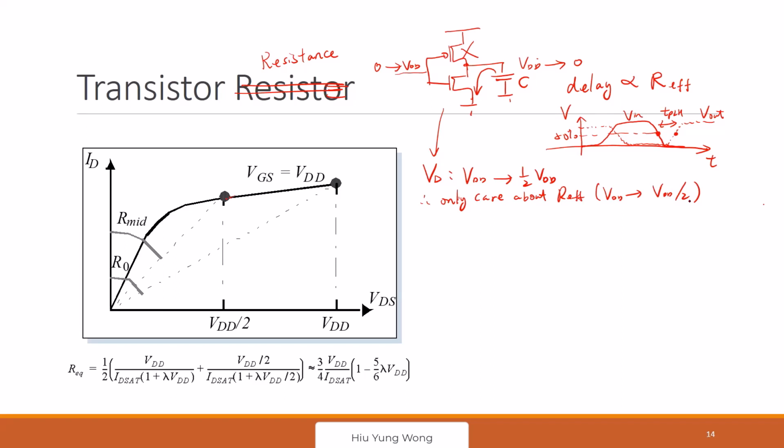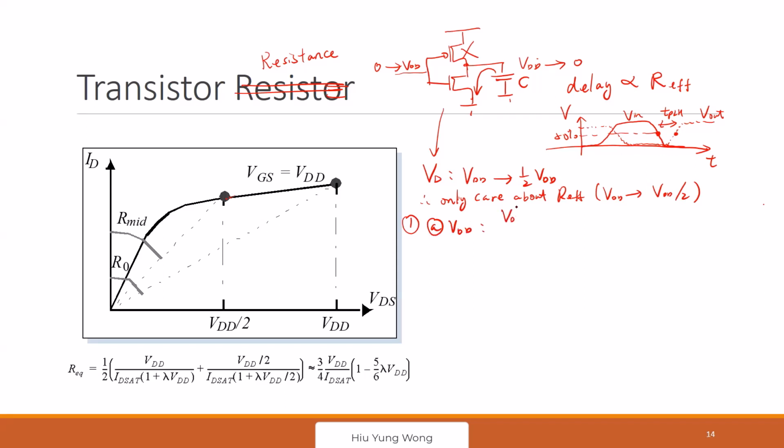Okay? So because of this, I'm going to define the resistance by averaging them. Okay? So the first thing is at VDD. At VDD, what is the current?